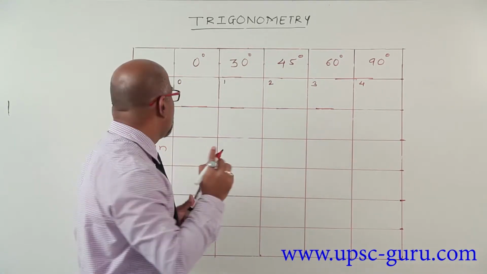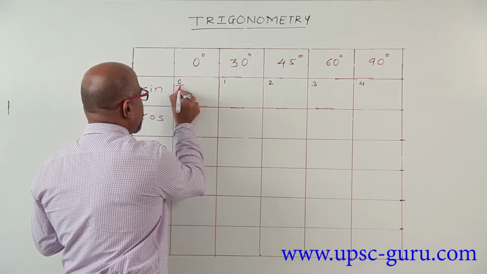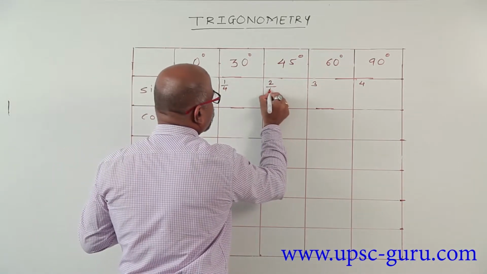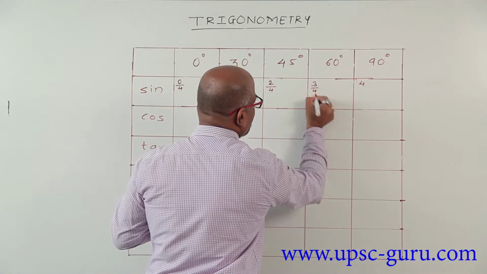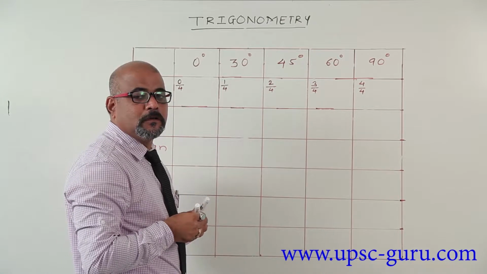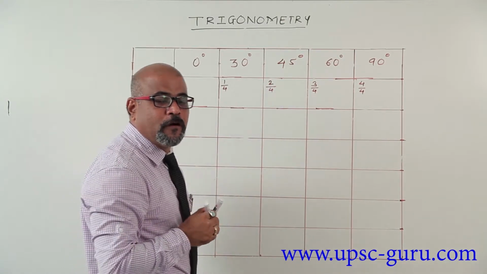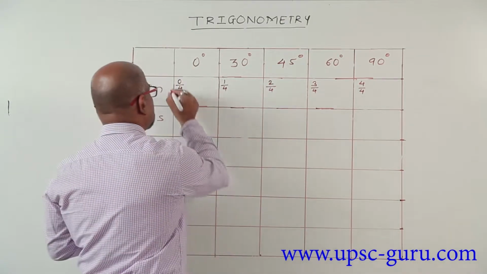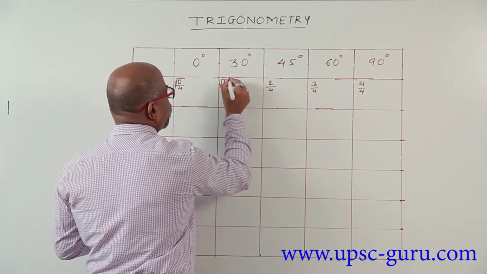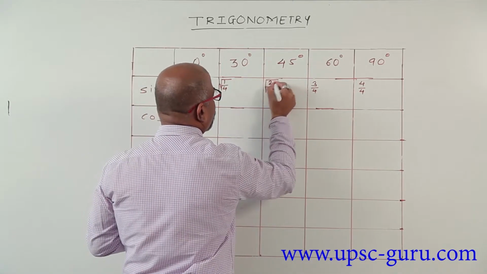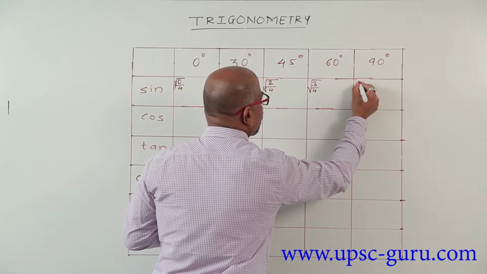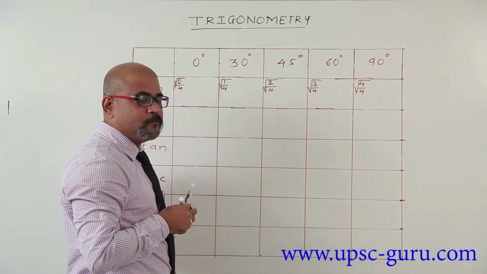Now divide each of these numbers by 4: 0 by 4, 1 by 4, 2 by 4, 3 by 4 and 4 by 4. Now find the square root of all these numbers: square root of 0 by 4, square root of 1 by 4, square root of 2 by 4, square root of 3 by 4 and square root of 4 by 4.